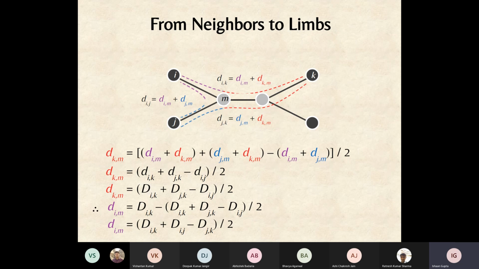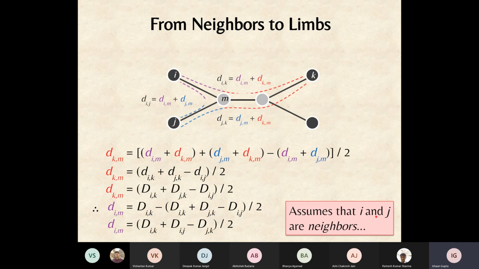What do I mean by that? Here we assume that I and J are neighbors, or that I and K are neighbors, or, let us say this is L, that I and L are neighbors, and you compare all the possible distances between I and K, given these assumptions.